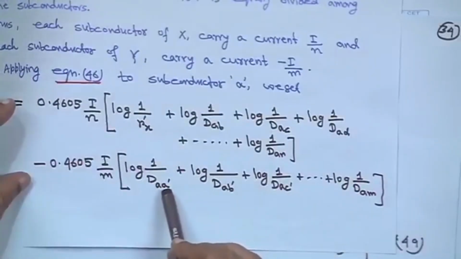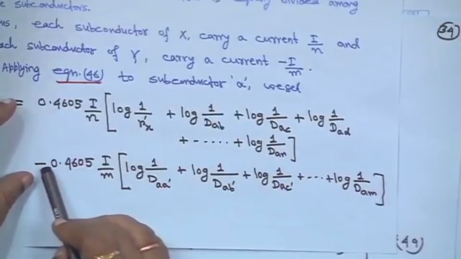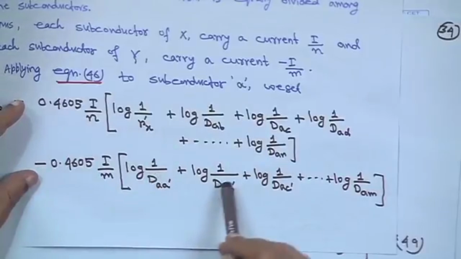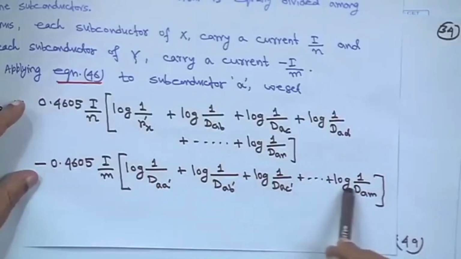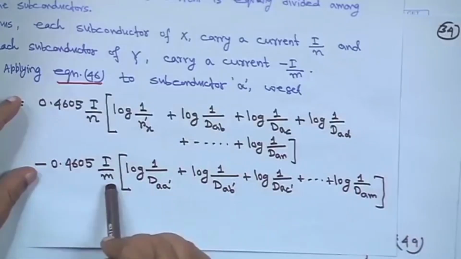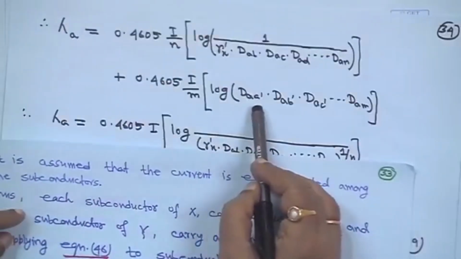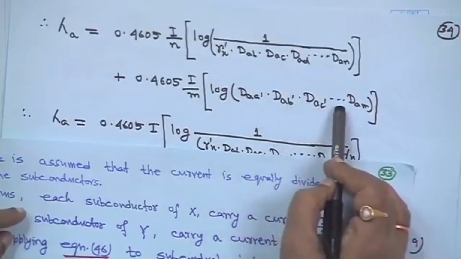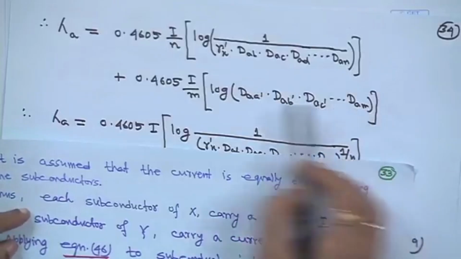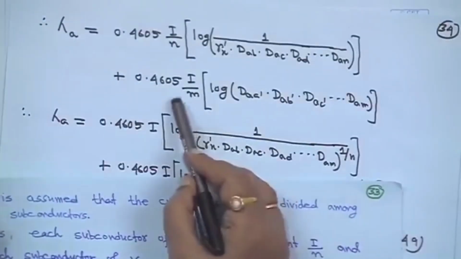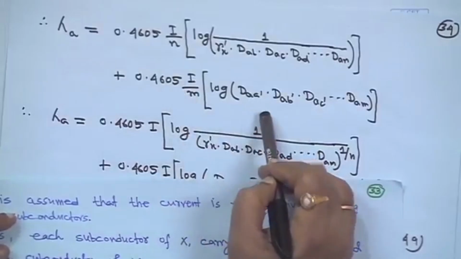Rather than that, you make it plus, and 1 upon da can be written as da to the power minus 1, dab to the power minus 1, so all the minus signs ultimately make it plus. So 0.4605 I by m, log daa dash into dab dash into dac dash up to dam dash.